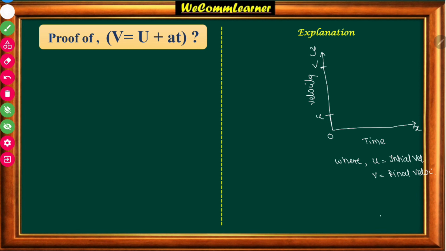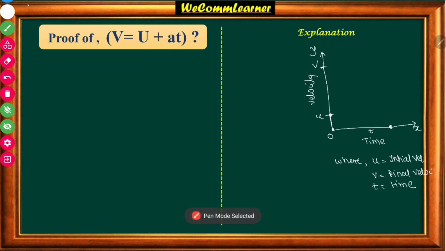Okay, and I just want to indicate here the time taken. At initial velocity I have time 0. To reach from initial velocity to final velocity I spend time, that is t, and t is time.